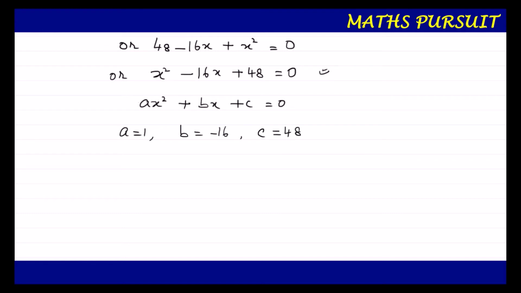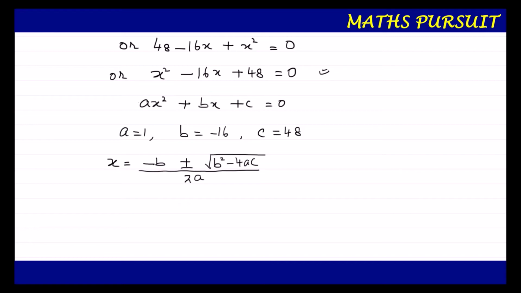Now after getting the values of a, b and c, let us put these in our quadratic formula and see. The quadratic formula is given by, as I told, x is equal to minus b plus or minus root over of b square minus 4ac upon 2a. This is what we know as the quadratic formula.